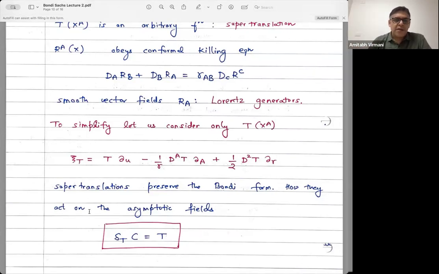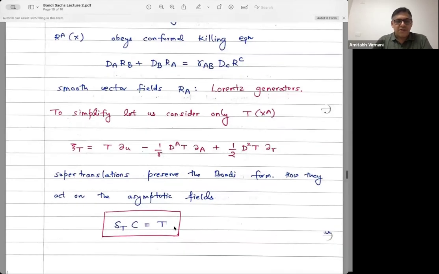Perhaps what is very interesting is that this is the only formula I have written here, for the action of the super translation on the asymptotic field. For the scalar field that I discussed, the CAB becomes derivatives of the scalar. So the action of super translation on the scalar field is very simple: just delta T of C is T.